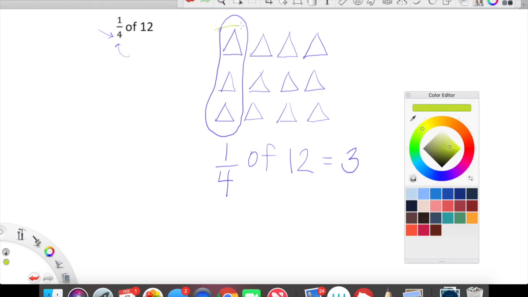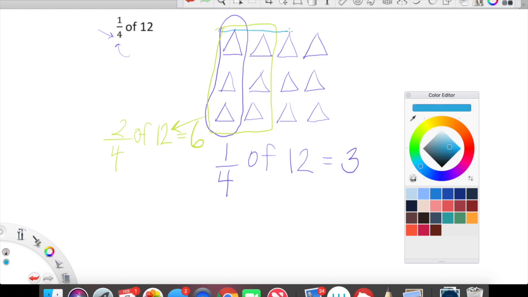Well, 2/4 would be 2 columns. How many triangles do we have? 2/4 of 12 is equal to, well, I have 6 triangles there. Do you guys know where I'm going next?